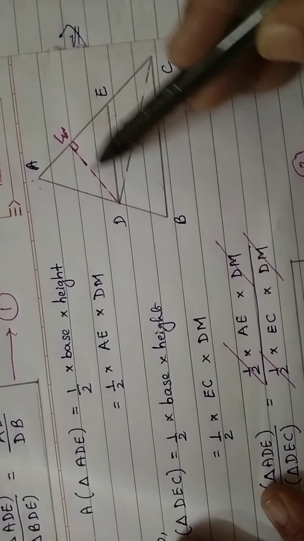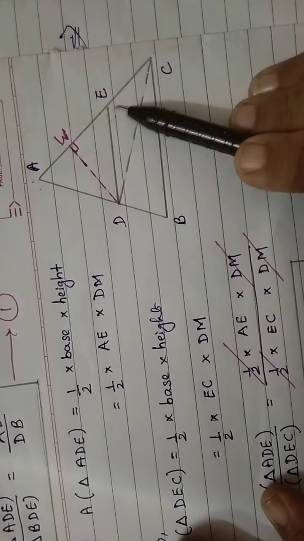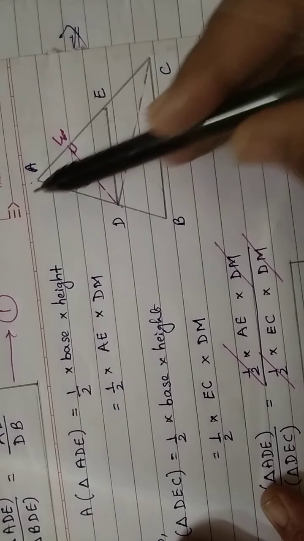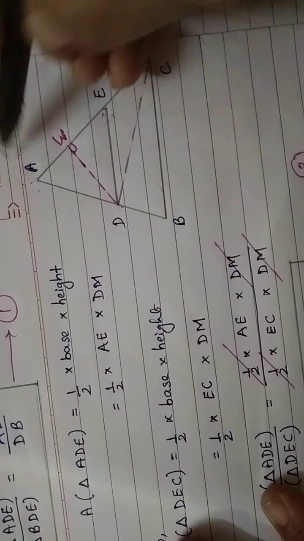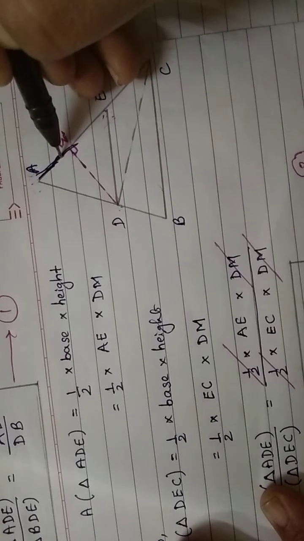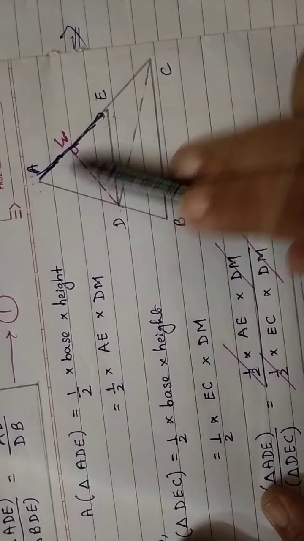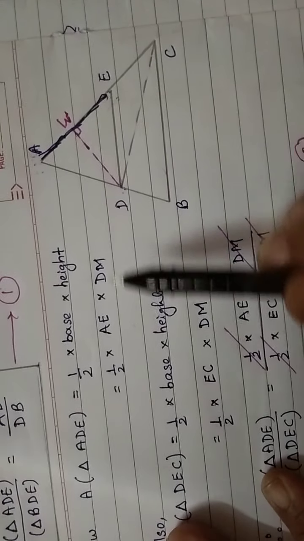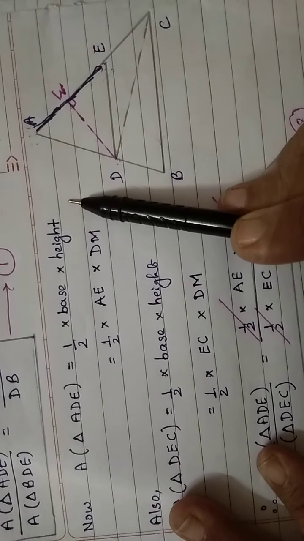In ADE, you had drawn DM perpendicular to AE. So now if you want to find the area of ADE, this side is going to be the base. This side I am darkening over here. So if AE is the base, the perpendicular on it is DM, and we know the area of a triangle ADE is half into base into height.